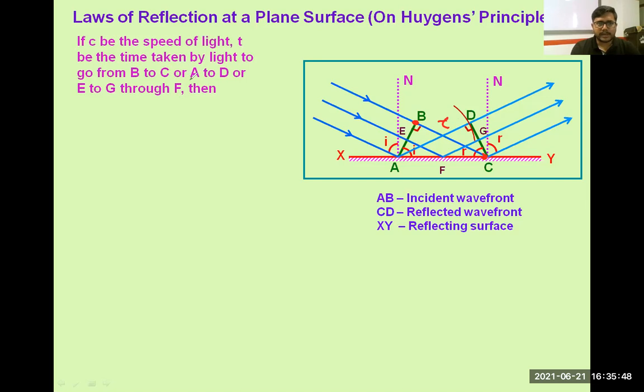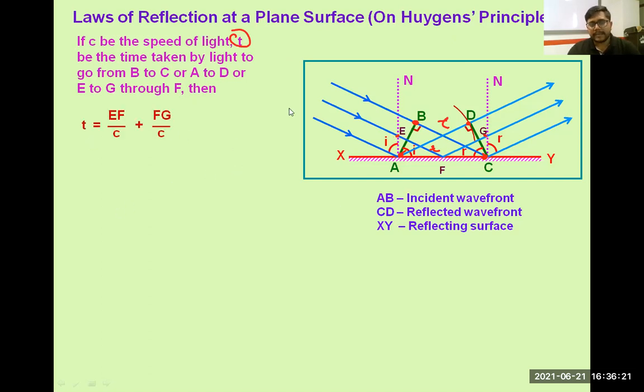From A to D also it will take time t. Or you can say E to G also through F. This point is E and this point is G. So E to G again takes the same time t.